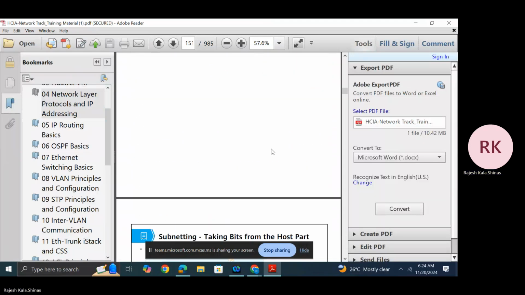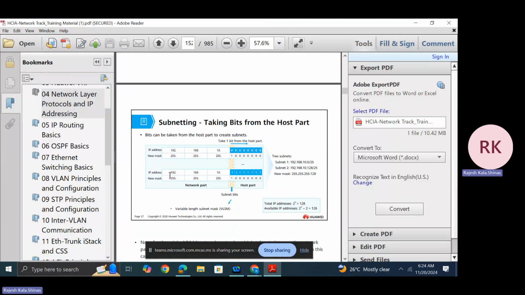What I need is to divide this into two networks, and each network needs 126 IPs only. Subnetting means borrowing more network bits from the host. Already we have a 24-bit network and 8-bit host. Now I want to divide this network into two subnets, so the formula is 2 power n equal to 2.